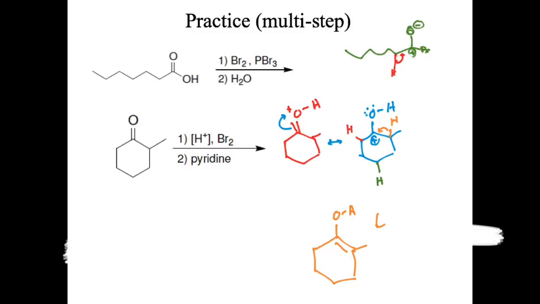Enol. And which did we say was more stable? The keto. If we move to the keto, what do we find? We now find a nucleophile. So what can happen? It can react with the bromine. We can put on the bromine, and we've done our substitution.